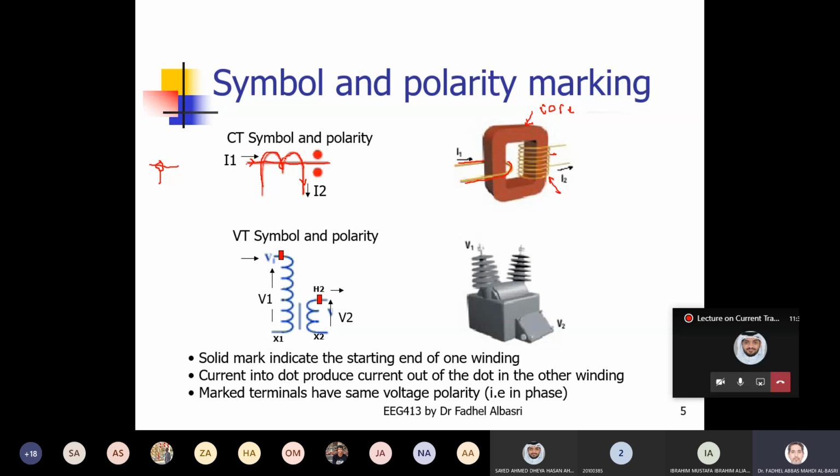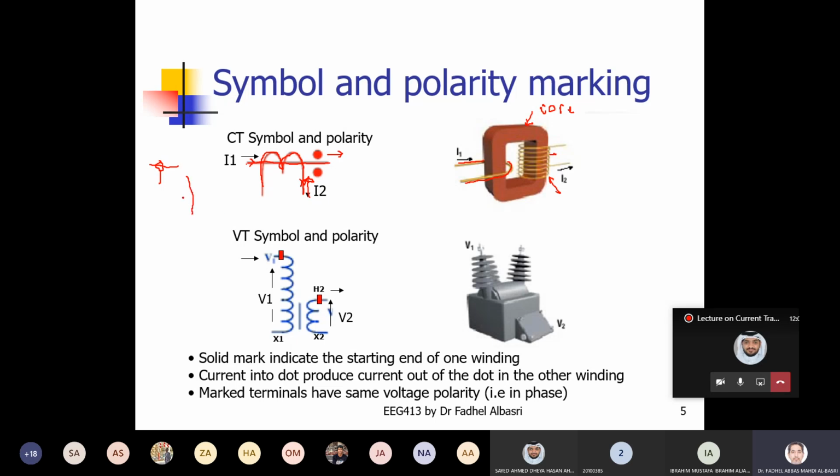A current entering a dot at the primary side corresponds to a current leaving a dot at the secondary side. Okay, so what does that mean?